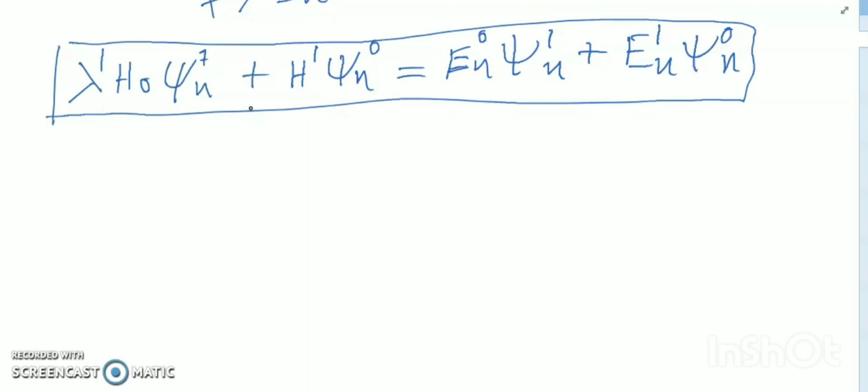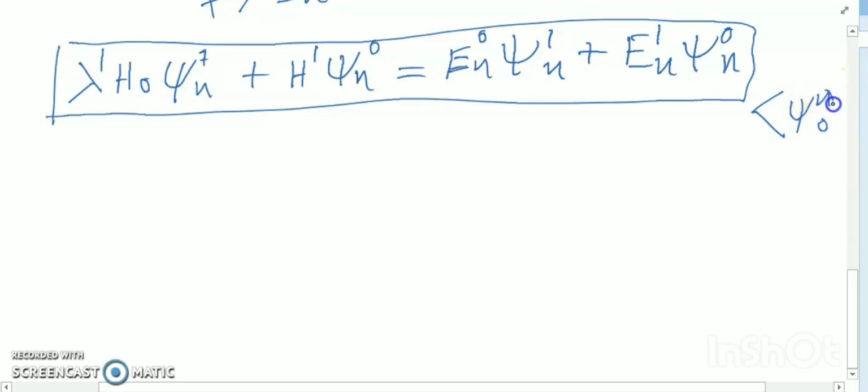Okay, let's do that. So on the left hand side I just multiply by the bra psi n0.